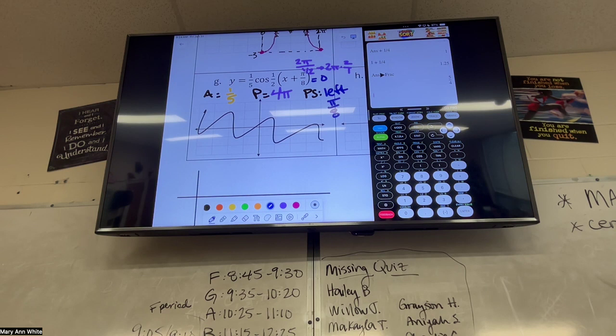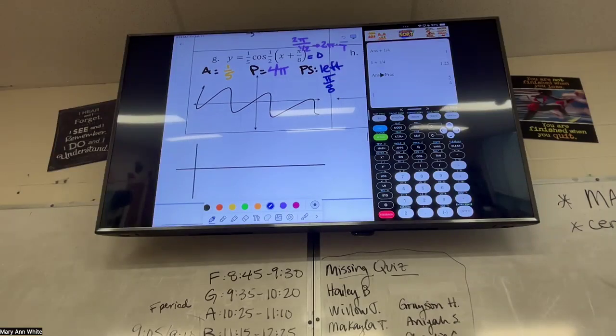With just that information, I can start setting up my graph, right? I know I'm not starting at 0 anymore. I'm starting left pi over 8. So I've got to go to negative pi over 8 to start. That's my first point. And then I get to go as high as 1/5, and I get to go as low as negative 1/5. So that's my bottom and my top of my graph.